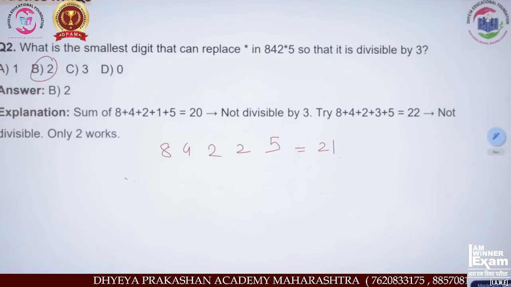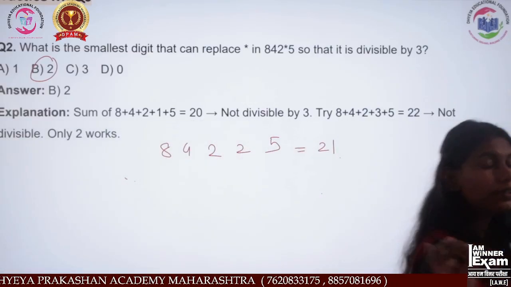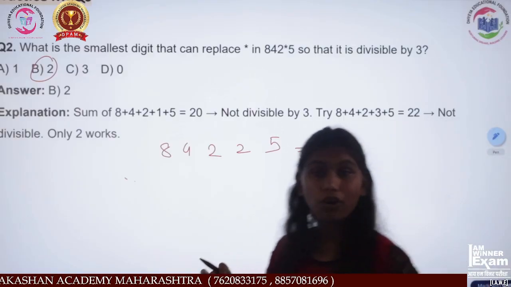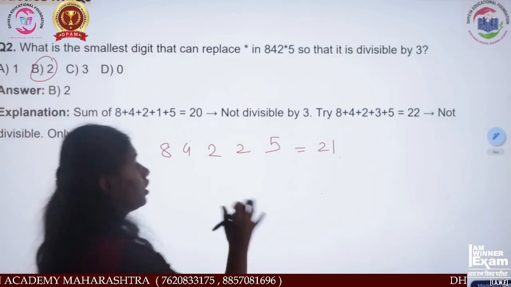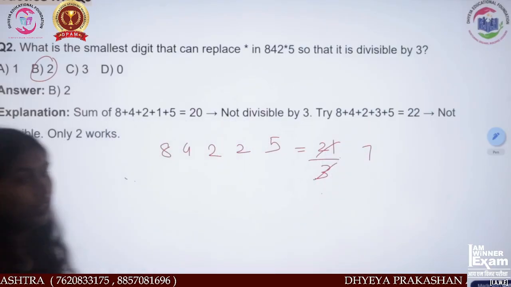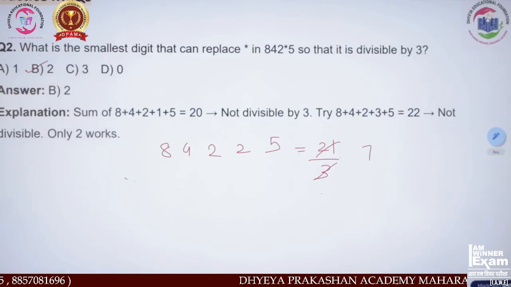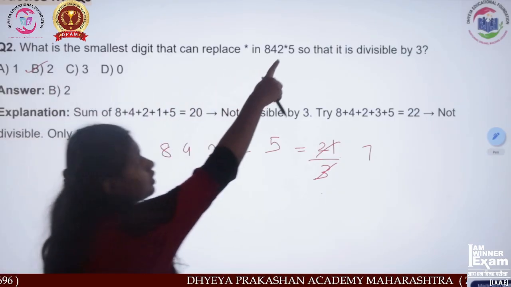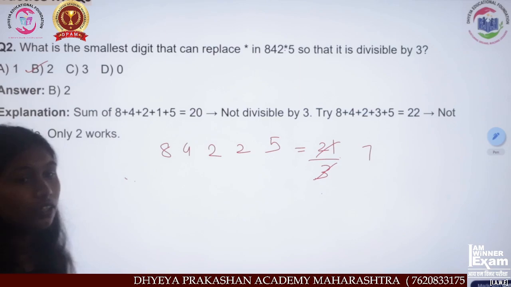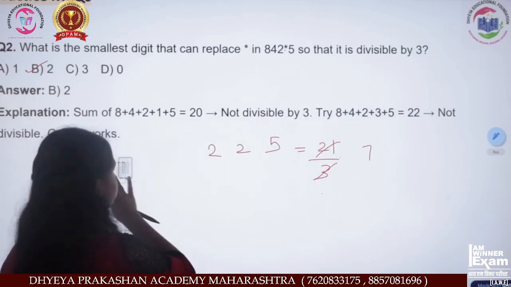Now check whether 21 is divisible by 3 or not. Yes, 21 is divisible by 3, you will get 7. 3 sevens are 21. So which will be your correct option? That is 2. If you put 2 in the star's place, the number will be divisible by 3.